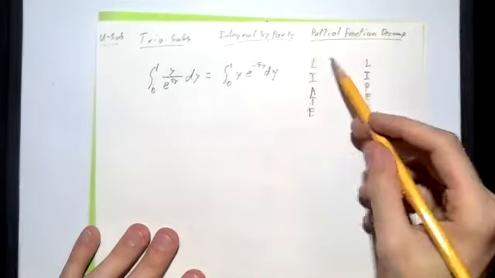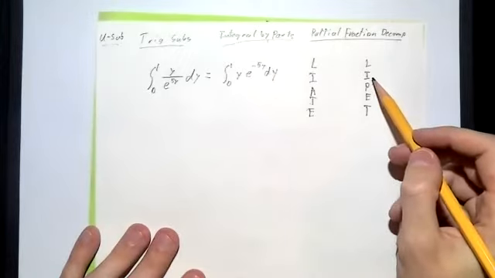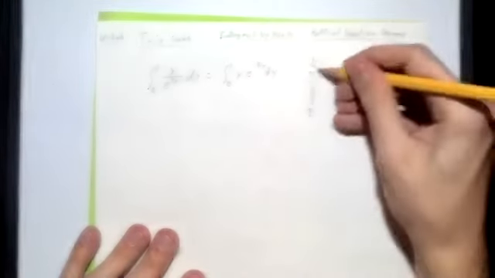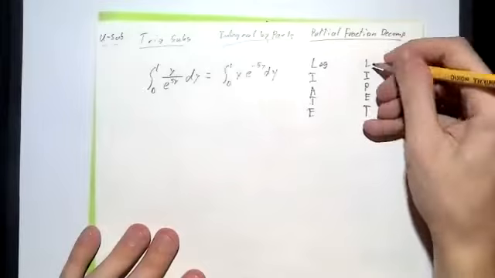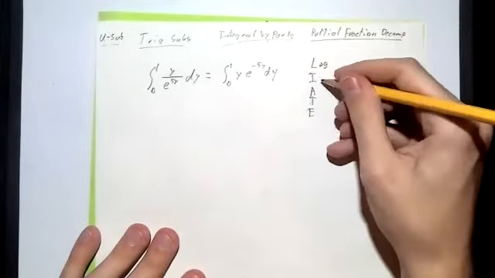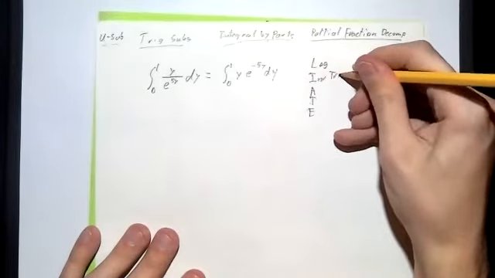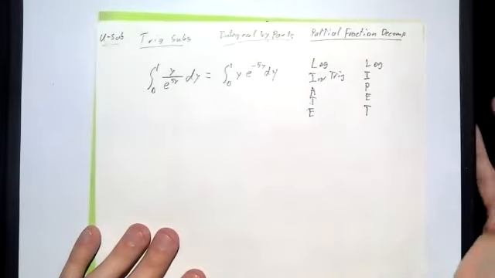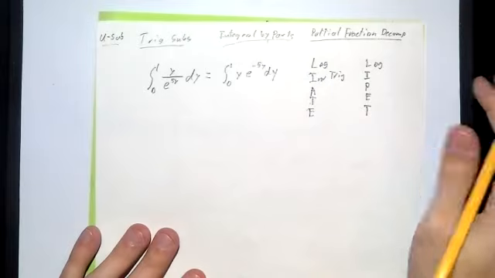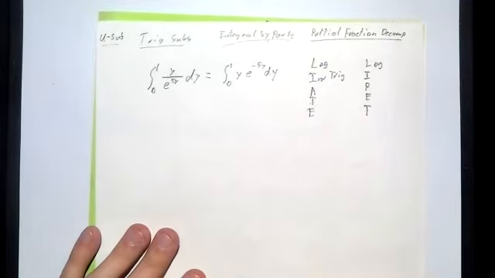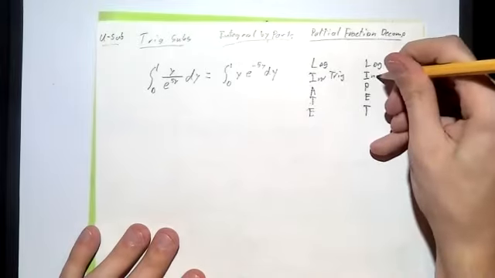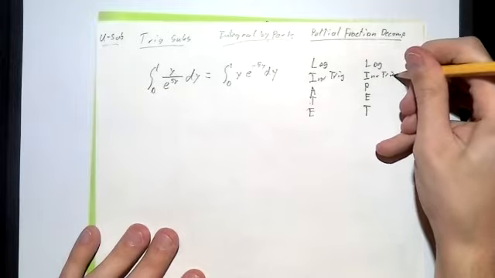So L and I stay the same for both of these, and that's logs or logarithms, and then I is inverse trig. So that's your, not cosecant, but arcsecant, arccosine, arcsine, all that. So those stay the same.